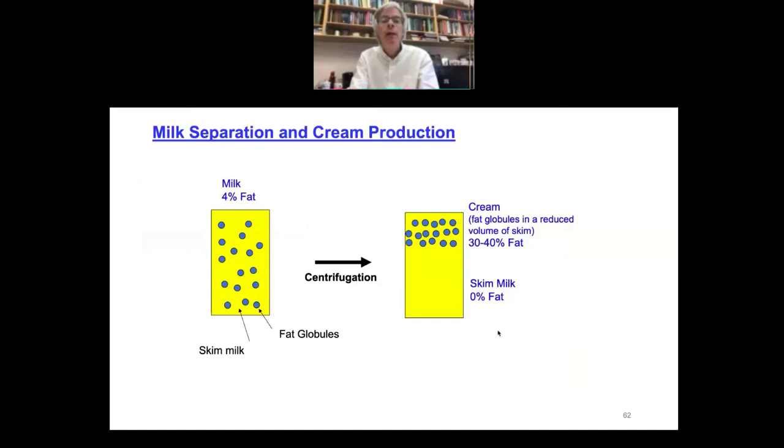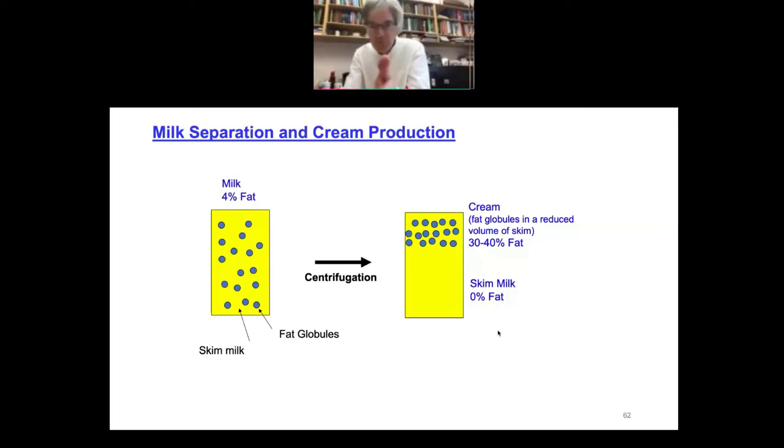Now with creams, we take milk, as I've shown here on the left, we centrifuge that. That's going to cause the fat to become concentrated in a reduced volume, and all those fat globules in that reduced volume of aqueous phase is what we refer to as cream, and the aqueous phase which is devoid of fat globules is what we call skim milk.